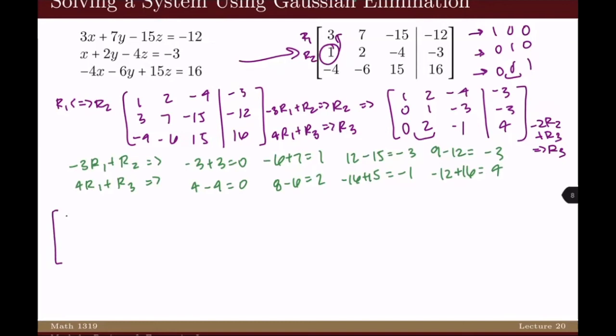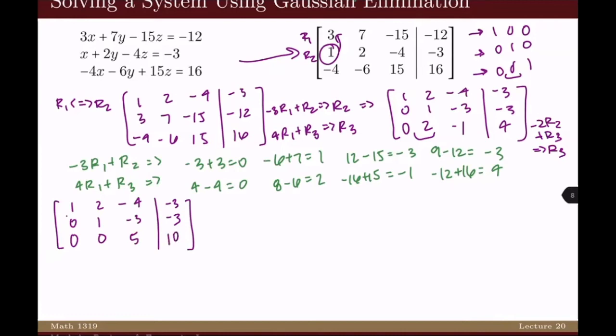So I'll still have 1, 2, -4, -3. My second row is also not changing, so it's 0, 1, -3, -3. Then I'm going to multiply -2 times the second row, add it to the third row, so that's going to be 6 minus 1, which is 5, and 6 plus 4, which is 10.